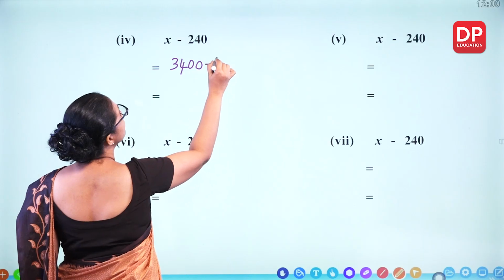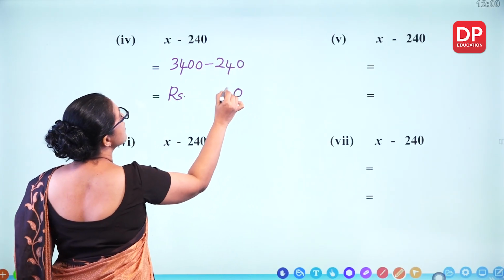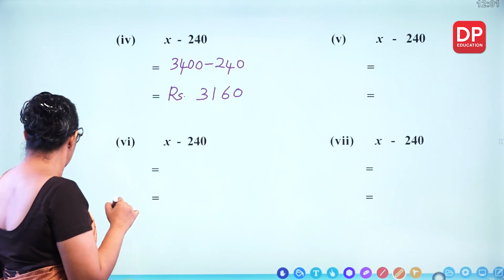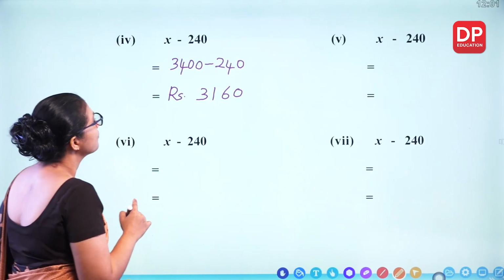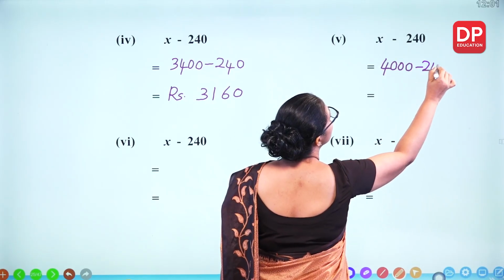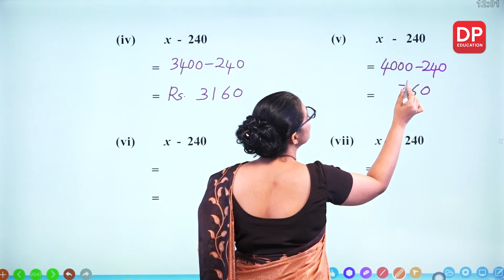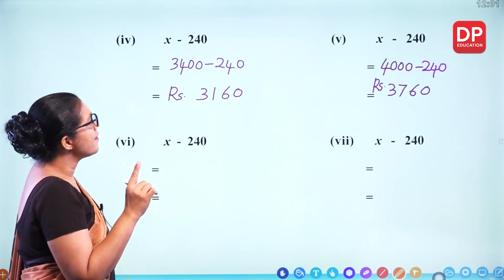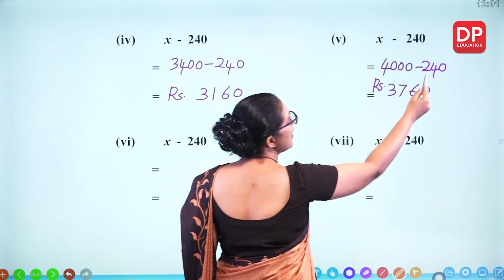What's the savings then? 3160. Then 4000. If it's 4000, you get 3760 rupees. You can check by adding these two.